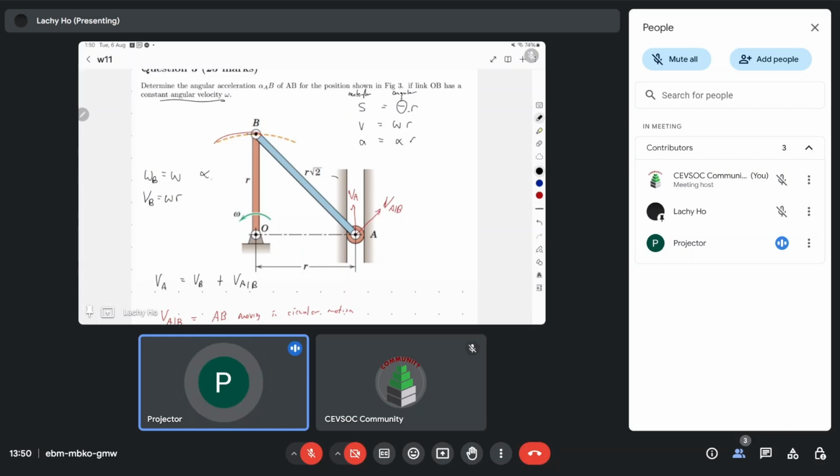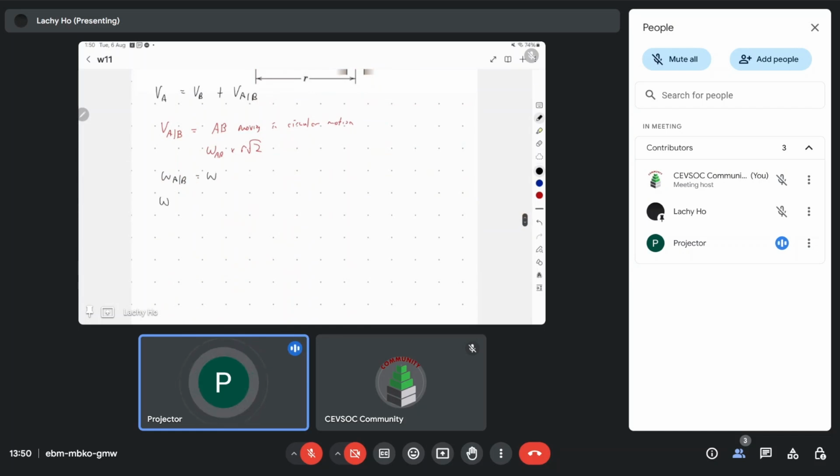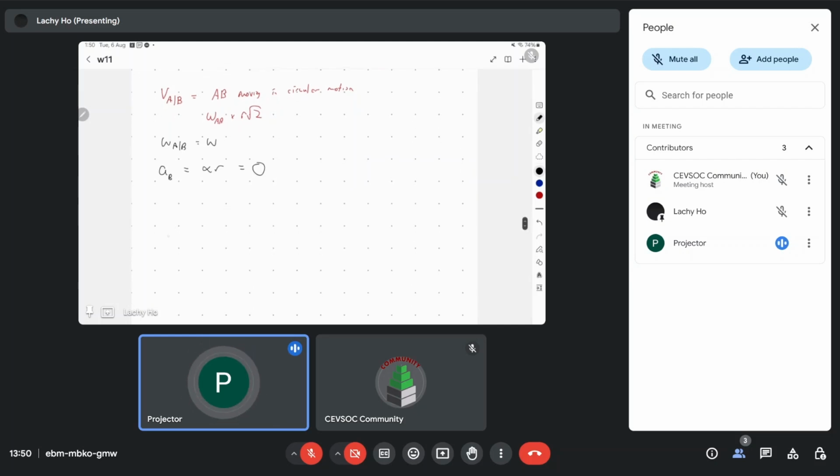So that means the angular acceleration of B is 0, and as a follow-on effect, the angular acceleration looks like this, which equals 0. So our end goal here is we're trying to find, well, what is the net acceleration of B?